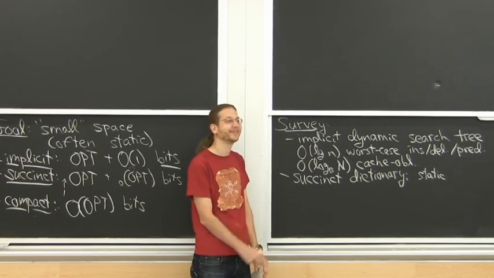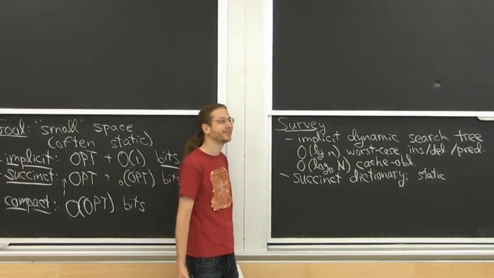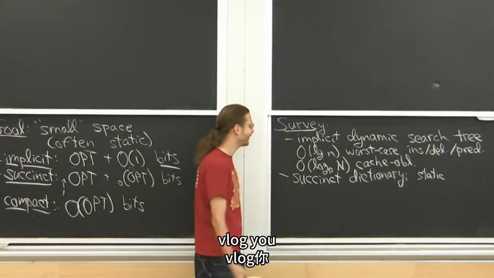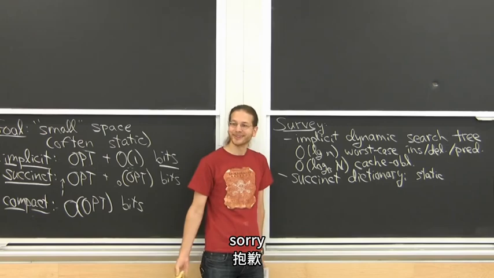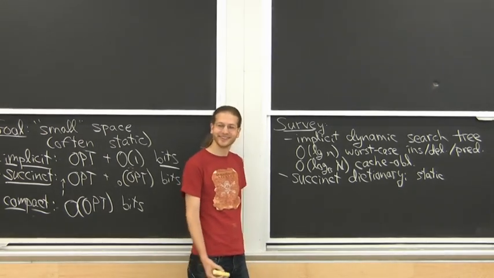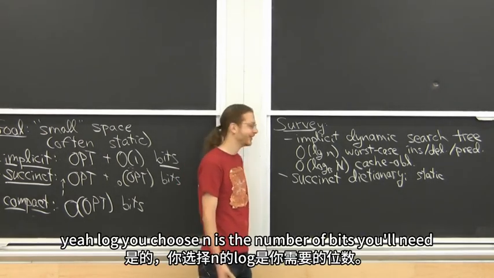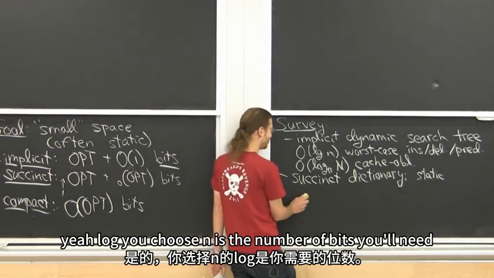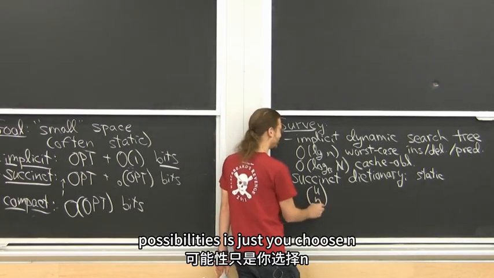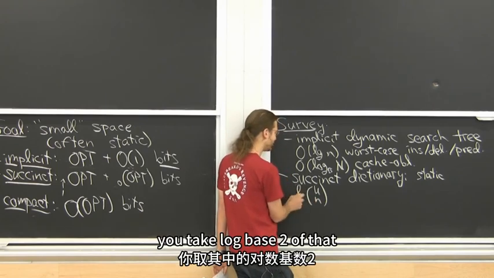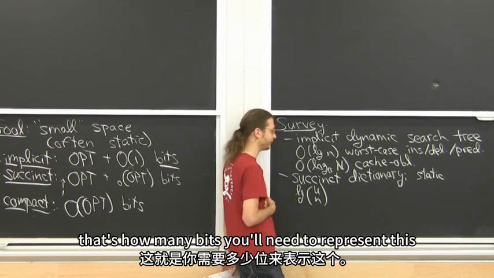Somebody? Log of u choose n is how many bits you'll need. The number of different possibilities is u choose n, and you take log base 2 of that; that's how many bits you'll need to represent this.